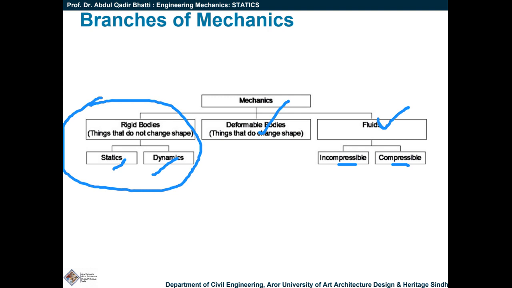Deformable bodies talk about the various shapes, which you will study at the advanced level. But this is the rigid bodies. We civil engineers, we structural engineers, deal with statics and dynamics. These are the branches of mechanics.